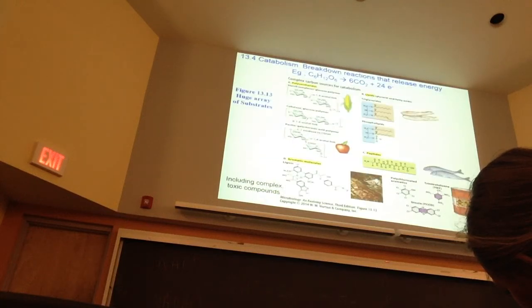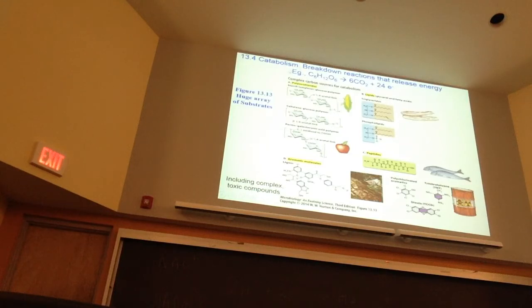Okay, kind of a big picture view of catabolic reactions. I'm always putting this C6H12O6 going to 6 carbon dioxides. 24 electrons are harbored in glucose that are sequentially released through the reactions of glycolysis and the tricarboxylic acid cycle, the TCA cycle.